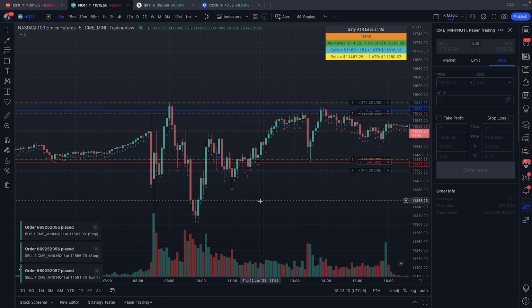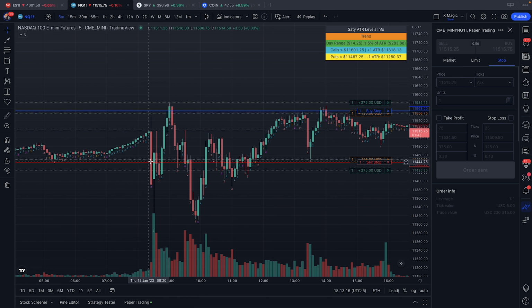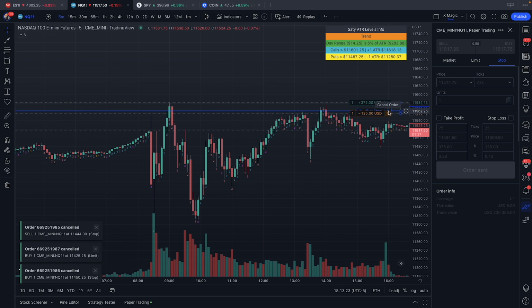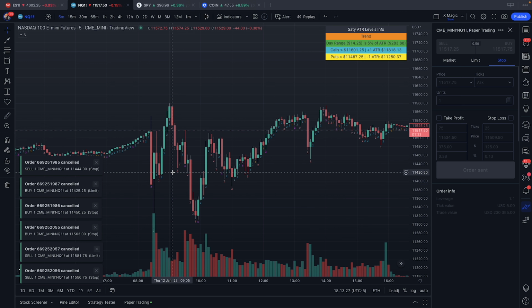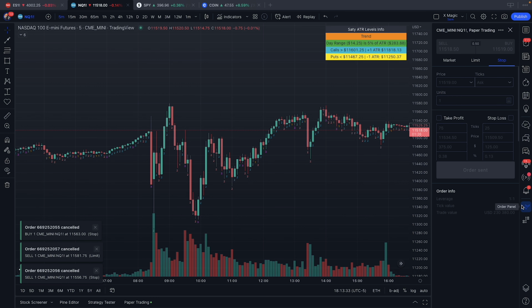So pretty straightforward. Once it triggers one direction, it's going to get you in, and then if it triggers you in here and you had your take profit there, it would have triggered you in and immediately sold. So always good to have bracket orders, because trying to manually get in and out of trades is going to be a little challenging, especially with violent moves such as this.